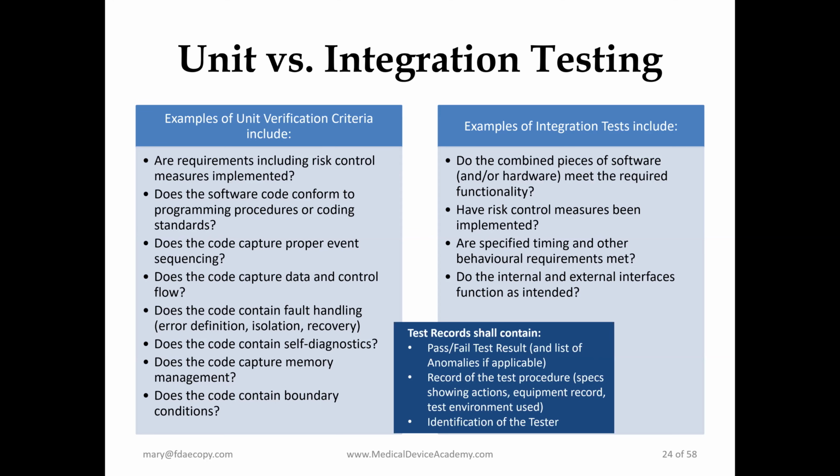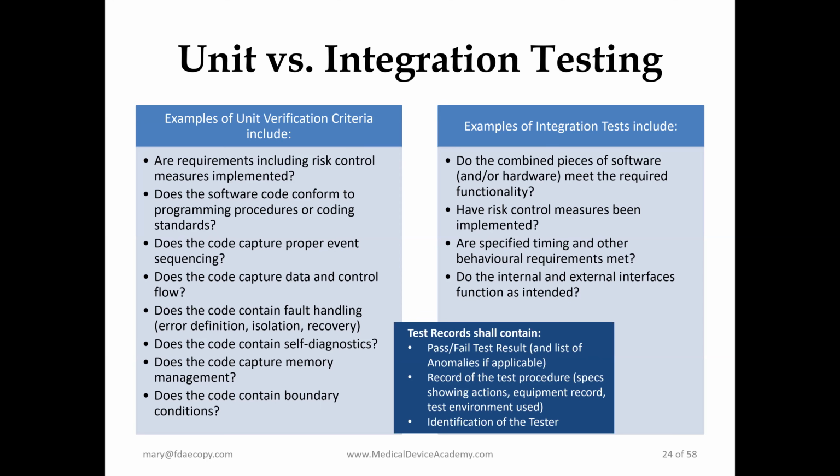For both types of testing, you should have records that contain pass-fail criteria and the test result. And if there are any issues or failures or anomalies within that, then you need to identify them. And then the record of the test procedure and the identification of the tester.